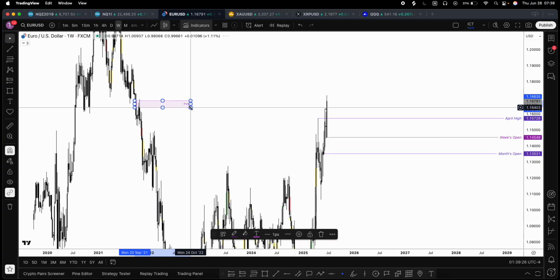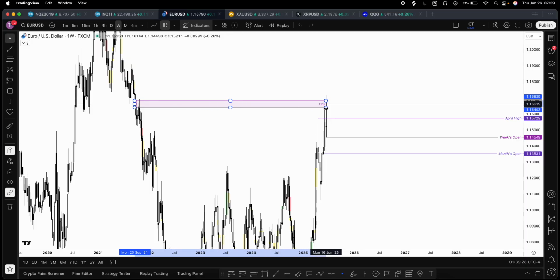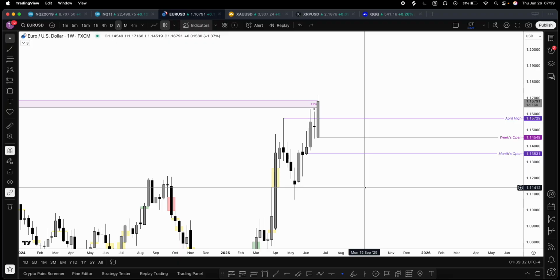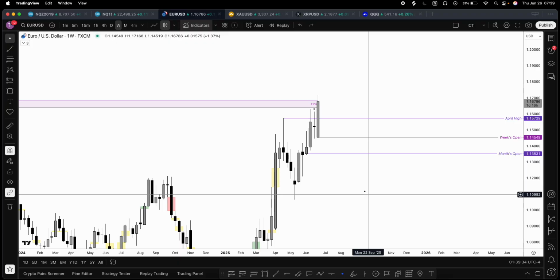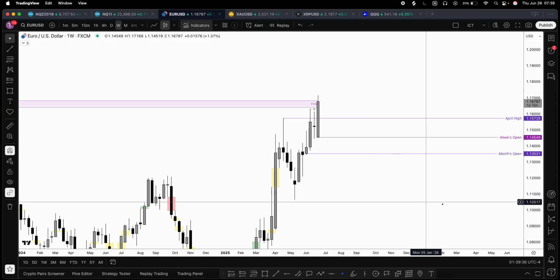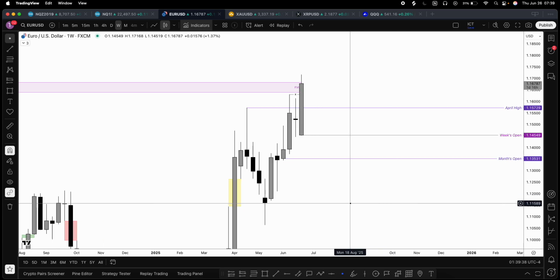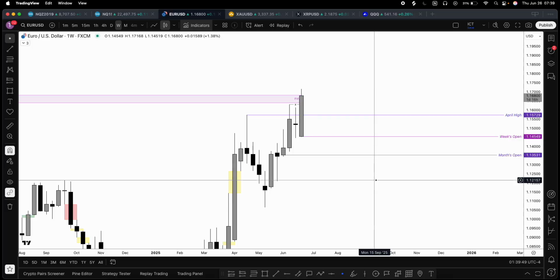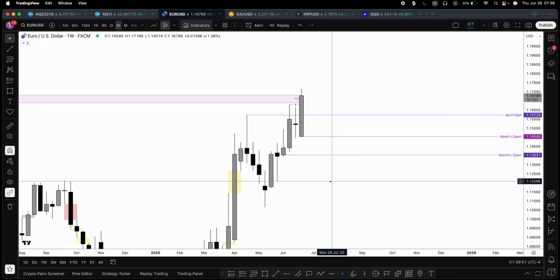So I'm just going to keep that in mind. Price might react to that. Yeah, I mean, price is now swept this high, so it could still show reversal. But we're gonna kind of put our weekly bias aside for now.